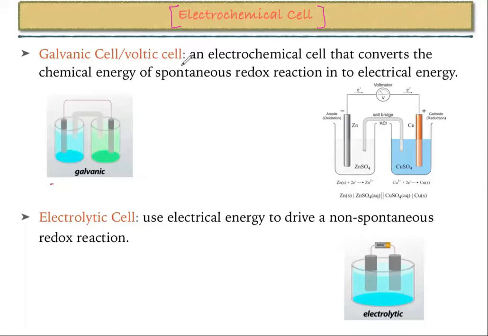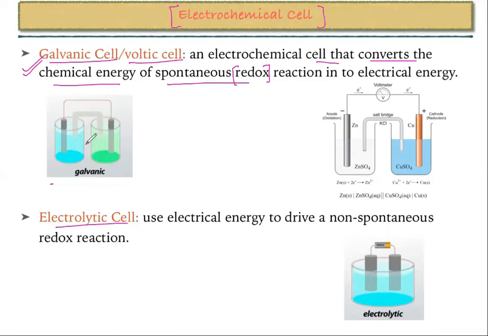Now talking about the electrochemical cell, as we have discussed, there are two types. The first one is the galvanic cell, also known as the voltaic cell. The second one is the electrolytic cell. Mainly our focus will be on the galvanic cell. So what is this galvanic cell? An electrochemical cell that converts the chemical energy of a spontaneous redox reaction into electrical energy.